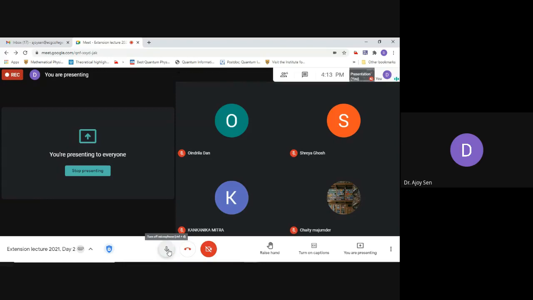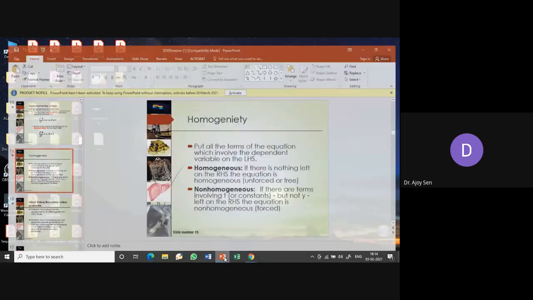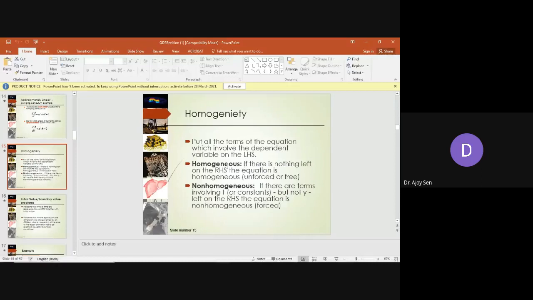So let me return to the original point where I was talking. I think I was talking about homogeneous and non-homogeneous equations. A homogeneous differential equation is one that has nothing on its right hand side.